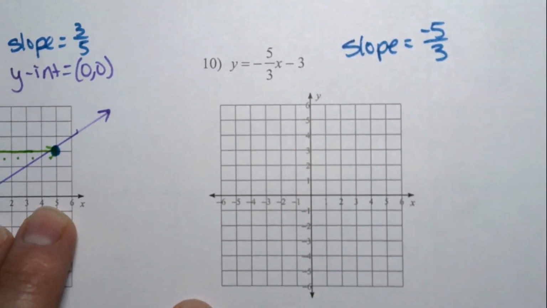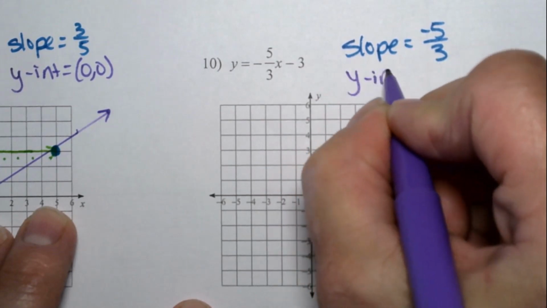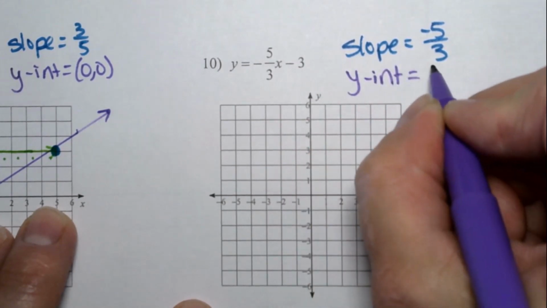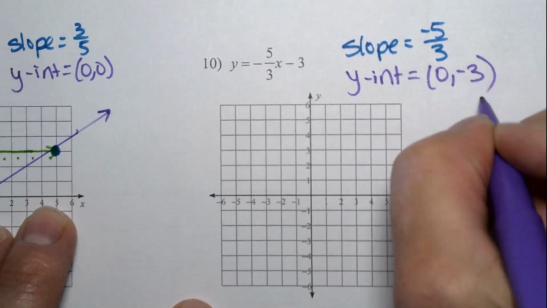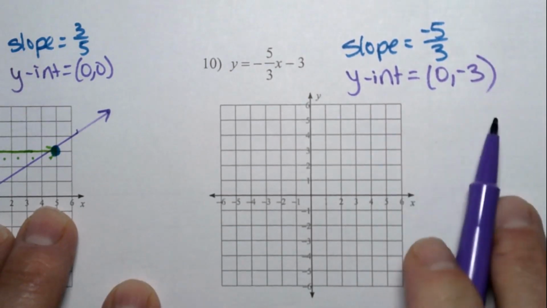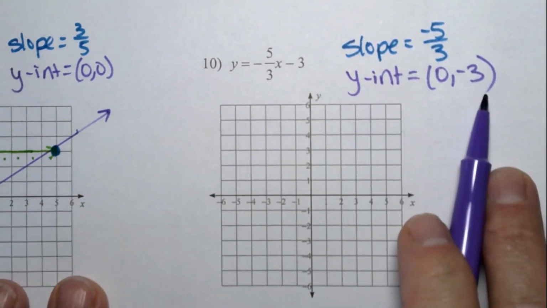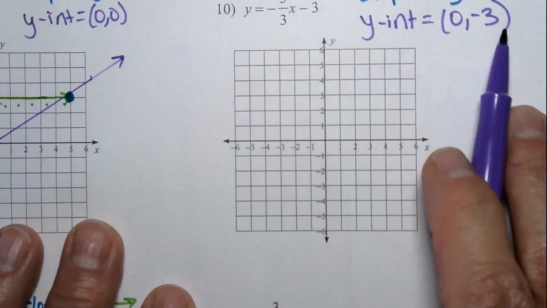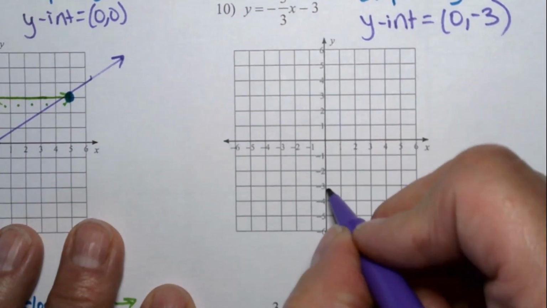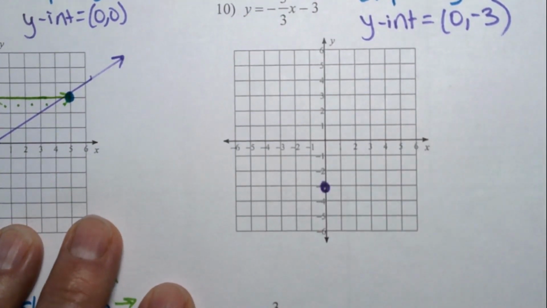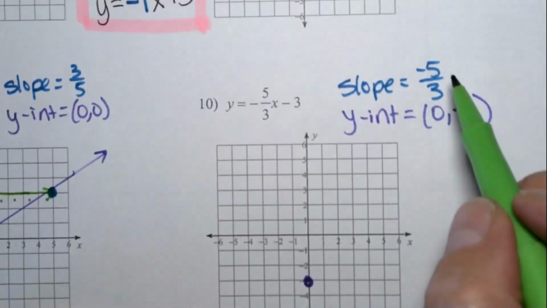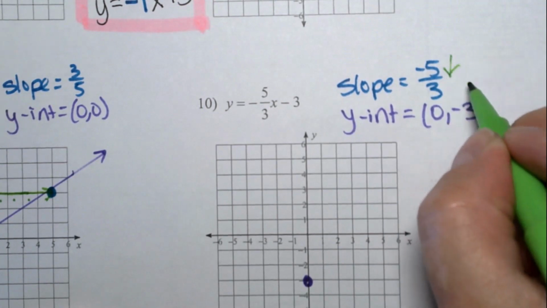So for number 10, we know that the slope is negative 5/3, and the y-intercept is 0, negative 3. So we're already starting down in the negatives. 0, negative 3 would be right there.